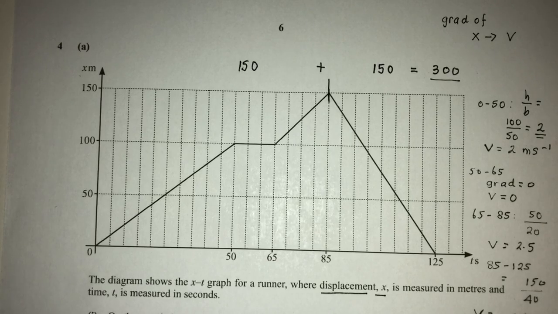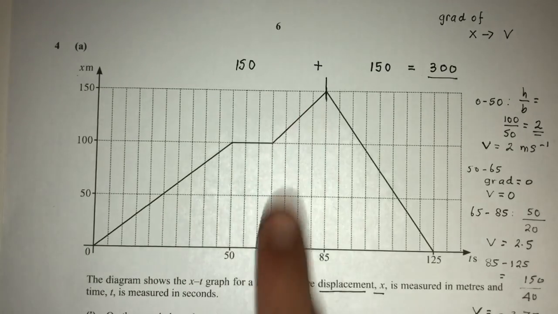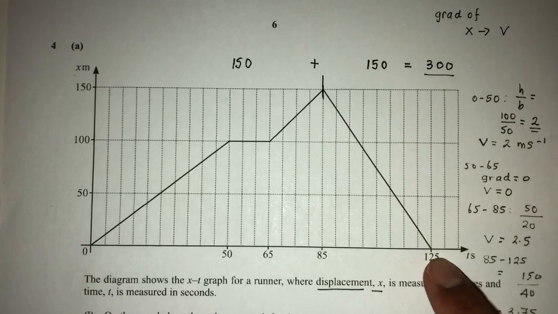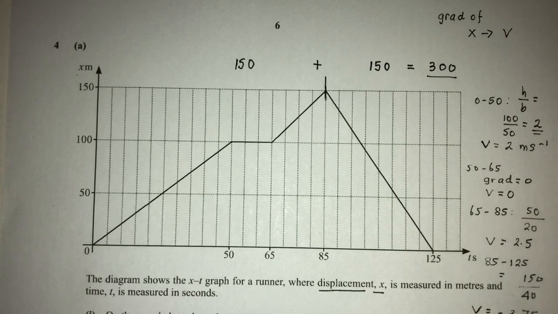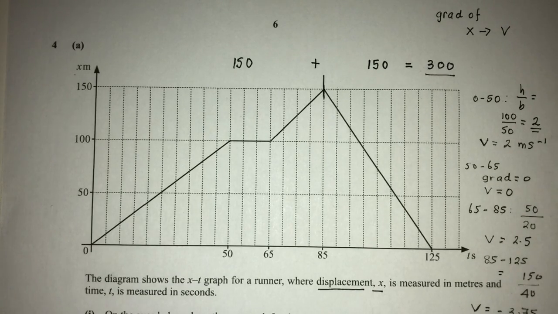I can see that he went up, but at this time he came back to the same point, so displacement will be 0. I hope that makes sense. Displacement and distance traveled are two different things. We have to understand the concepts of those two. Okay, but anyways, this will be part A of the question. Let's move on to part B.